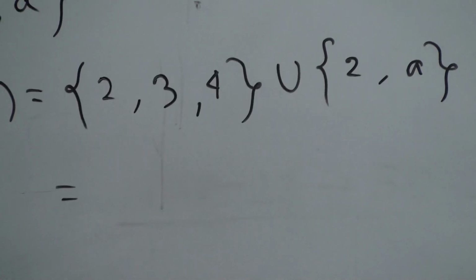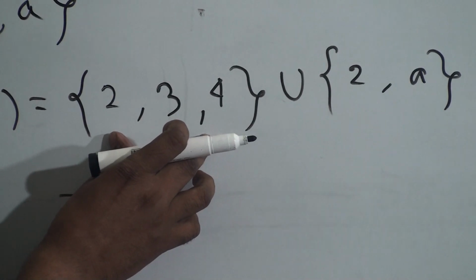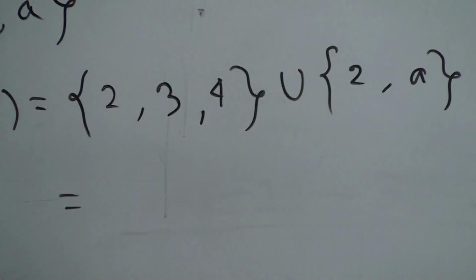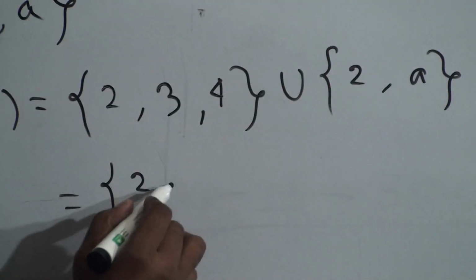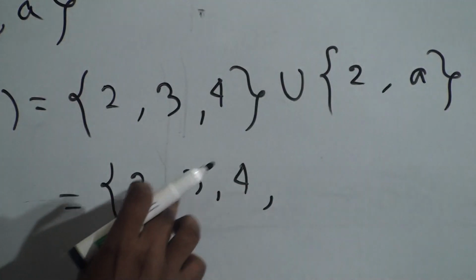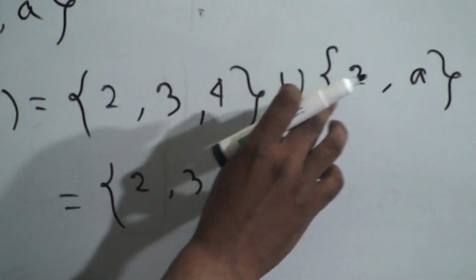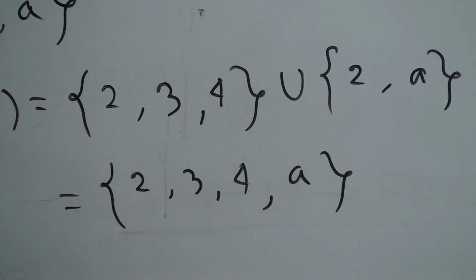Here all of the elements of the first set and the elements of the second set will come, and one element will not be written 2 times, only once. All elements of this set will come, that means 2, 3, 4 we write here, and all elements of this set will also come, but 2 we have already written, so the second time we need not write 2, only a will be written now. This is the value of A union (B intersection C), and it is the answer of this math.